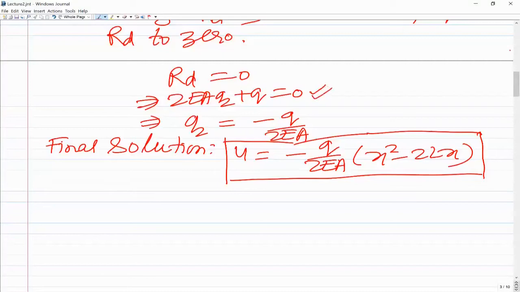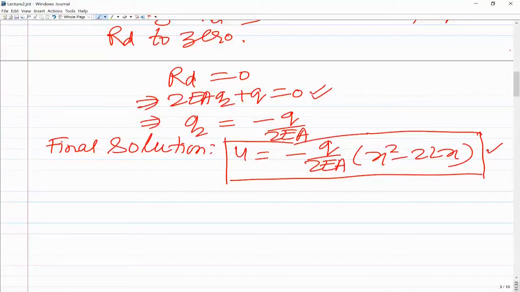So that means the differential equation is also exactly satisfied. So for this problem, it actually happens to be the exact solution, because if you substitute this u in the differential equation, you will get left hand side equal to 0. That means left hand side and right hand side are the same, so the differential equation is exactly satisfied, and therefore through the approximate analytical solution approach, we got the exact solution of the problem.